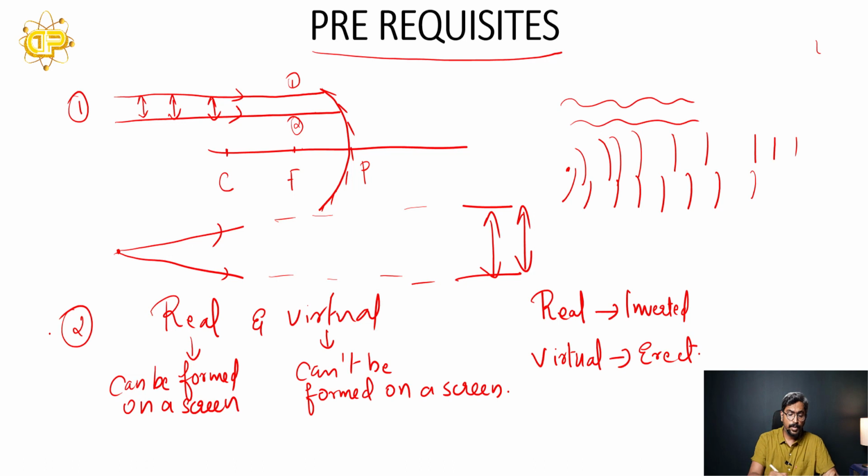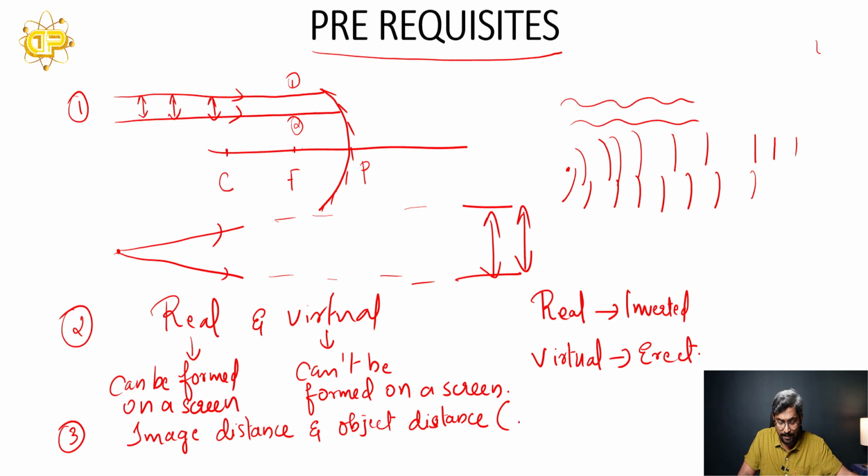A very important thing is image distance and object distance, or simply V and U. A mirror is kept here. If you're keeping an object somewhere here, this object is AB, and this is P. The distance between the pole and the object is known as the object distance.